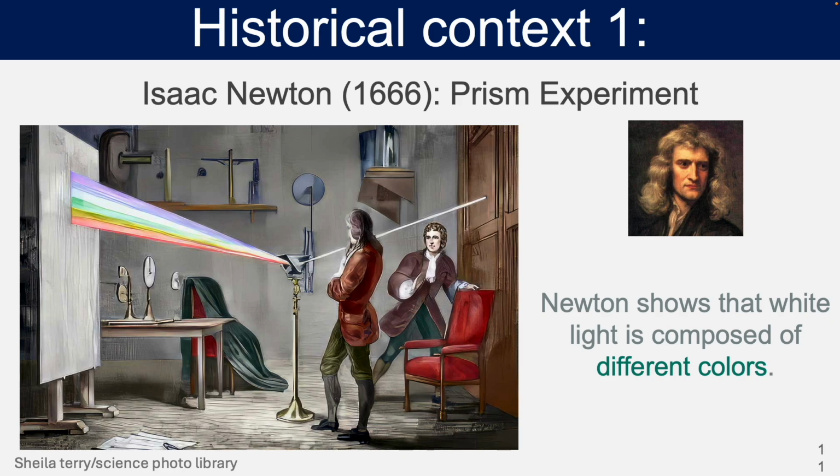Newton showed the opposite. White light is actually made up of many colors, each with its own character. For the first time, humans realized that light itself has an internal structure, and that we can study it by breaking it into components. From this simple prism experiment, spectroscopy was born.